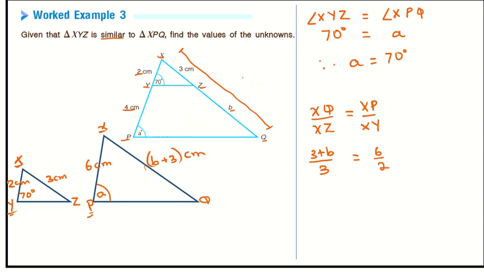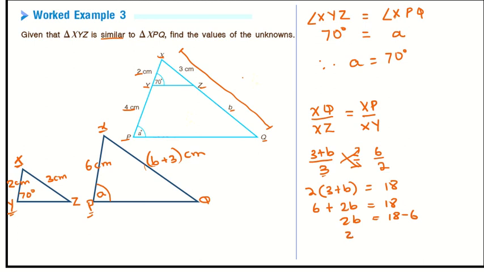Okay? So when we cross multiply, we will get 2 into 3 plus B, which is equal to 3 times 6, which is 18. So 2 times 3 is 6, 2 times B is 2B equals 18. So 2B equals 18 minus 6.